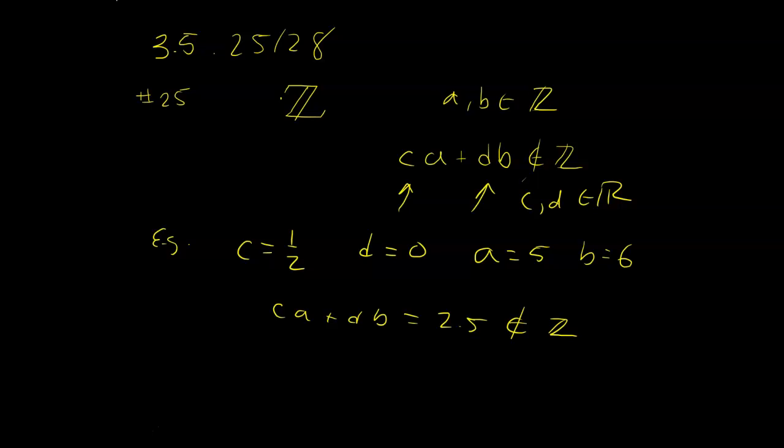For number 28, though, let's look at that problem. We have to do much more. So 28 asks us to verify that something is, in fact, a vector space. What are we talking about here? We're talking about the space of all continuous functions defined on the interval from -infinity to infinity.